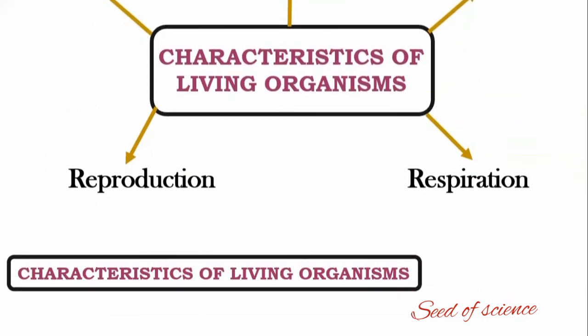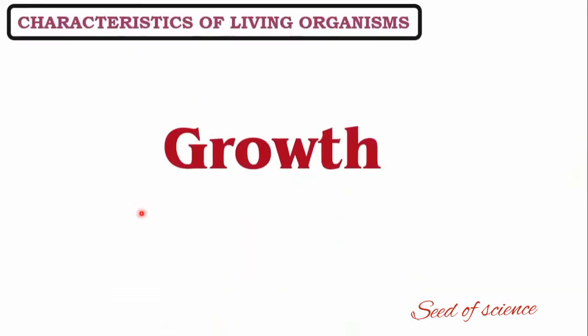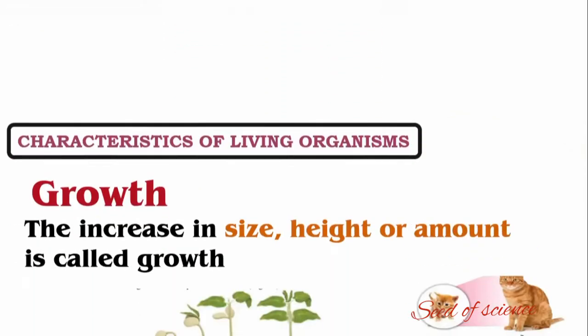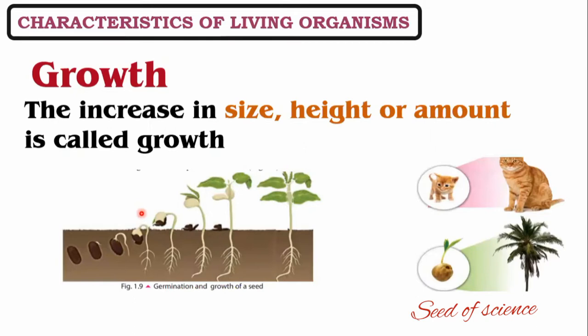First we'll talk about growth, right? Yes, children, what do you know about growth? Yes, growth is the increase in size, height, or amount. We know that from childhood we also gradually grow.